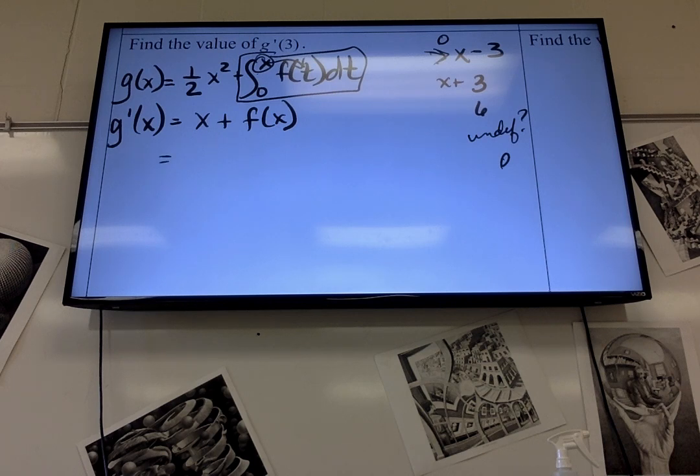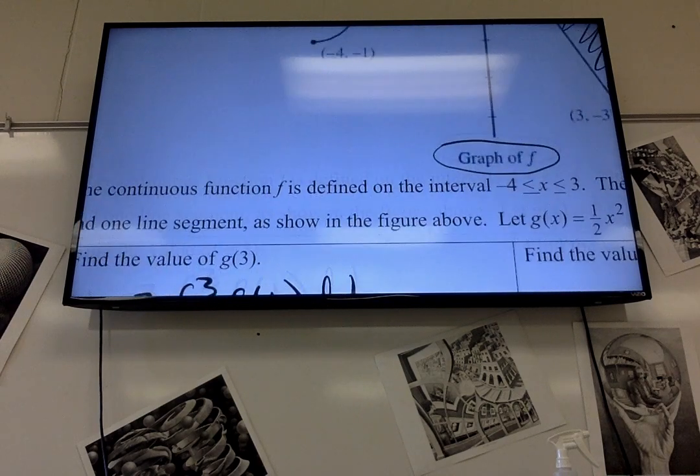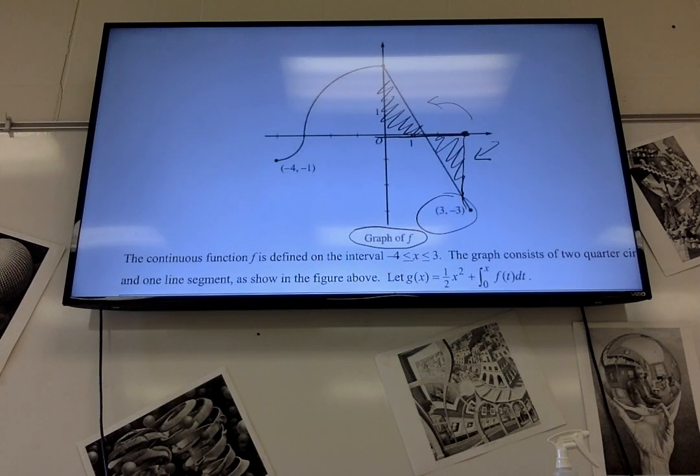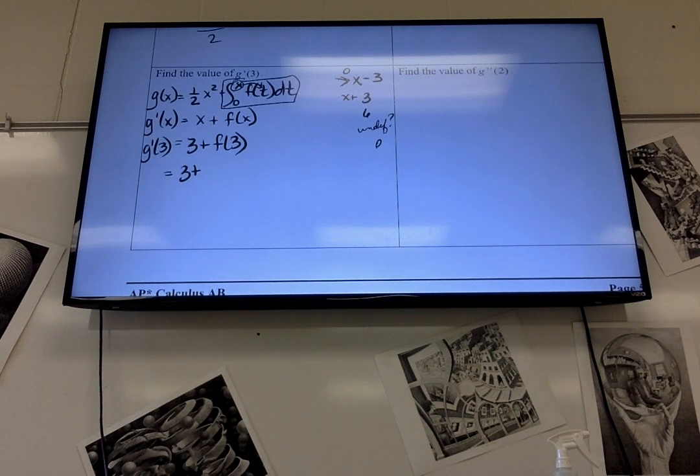So this is g prime of 3, which is 3 plus f of 3. It's -3. Okay, if I plug it in up here, yep, sure enough it is negative. So I did do it right. I just thought it was too easy and I was going crazy. So 0. I just did plug in 3. Quit second guessing yourself.